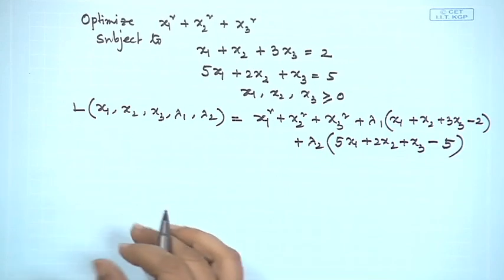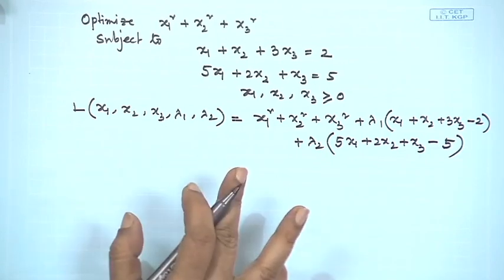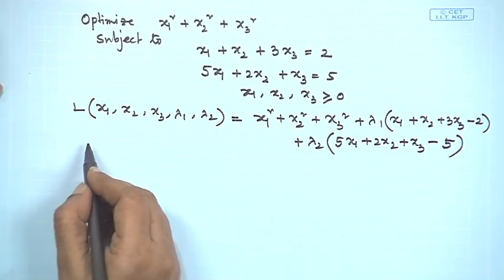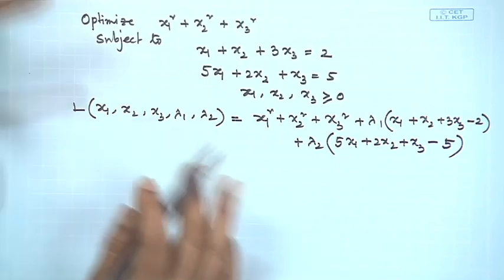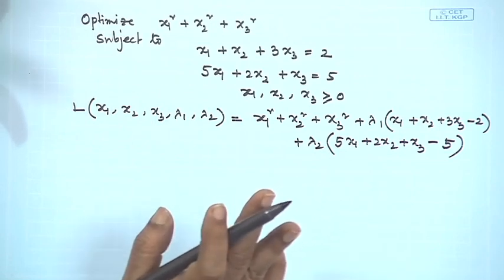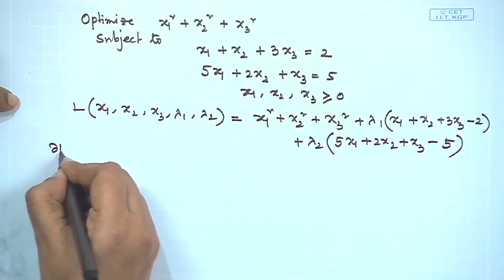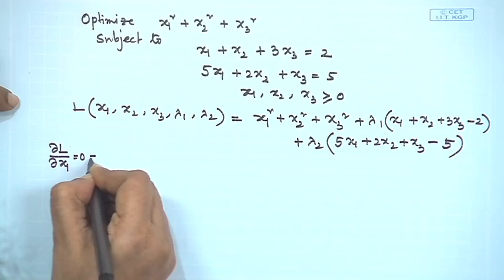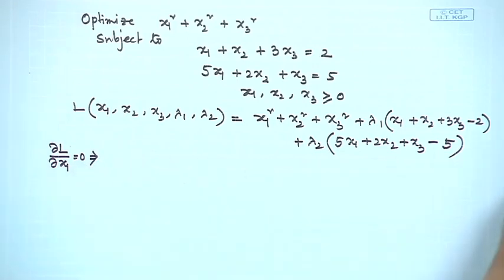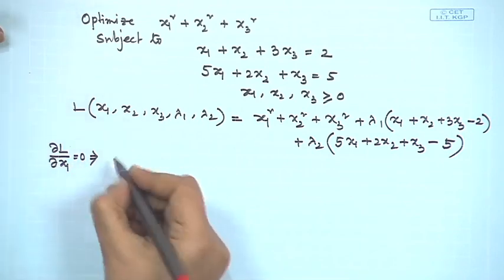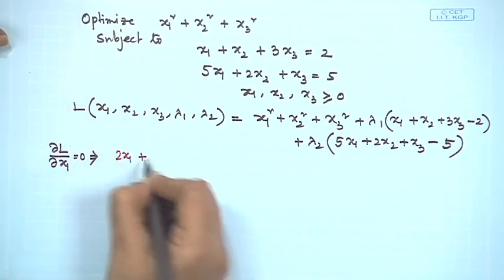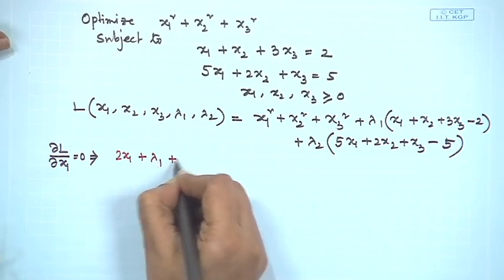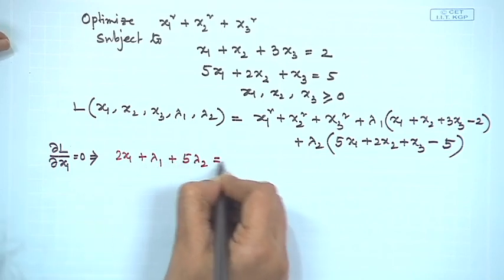Okay. Now, this is the Lagrange function, and we have to optimize it. That is why let me consider the first order necessary condition. First order necessary condition means del L by del x1 is equal to 0. This gives us 2x1 plus lambda 1 plus 5 lambda 2 equal to 0.